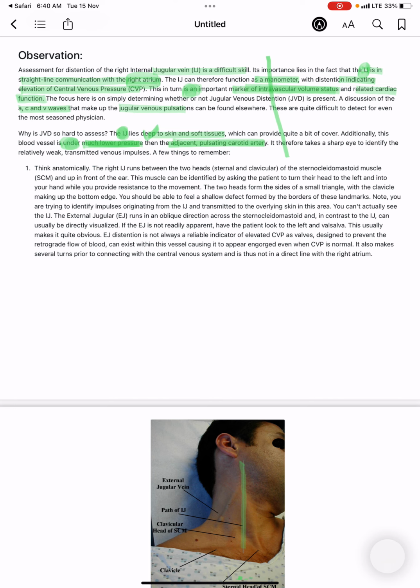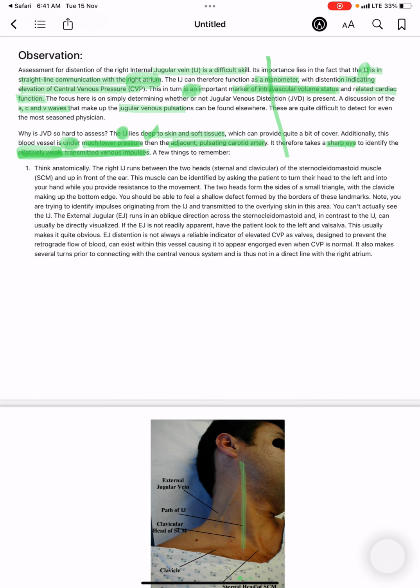Therefore it takes a sharp eye to identify the relatively weak transmitted venous impulses.